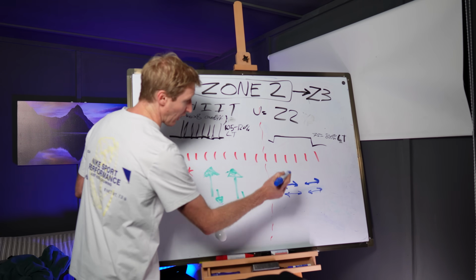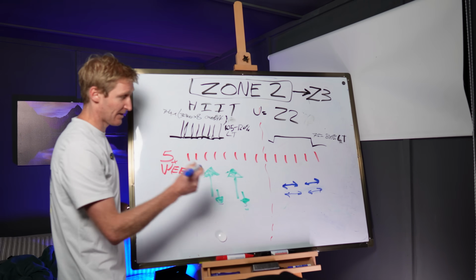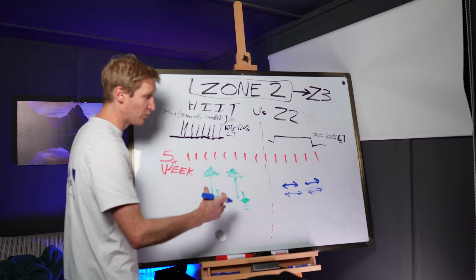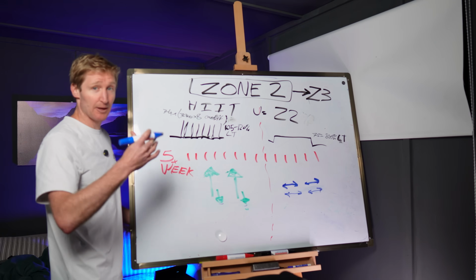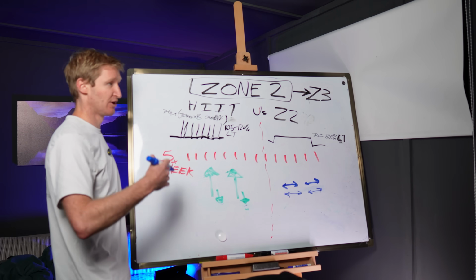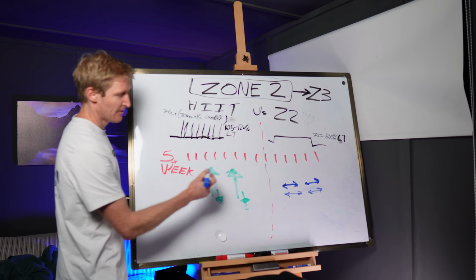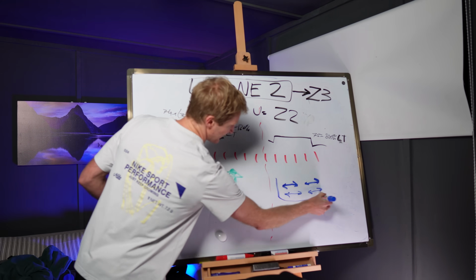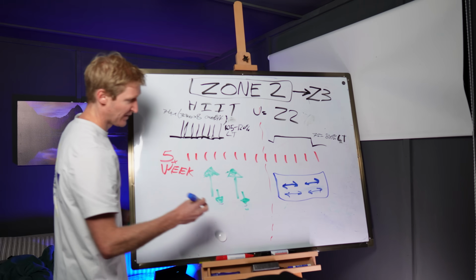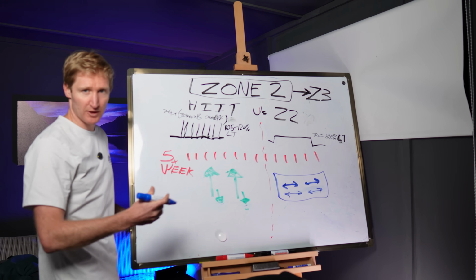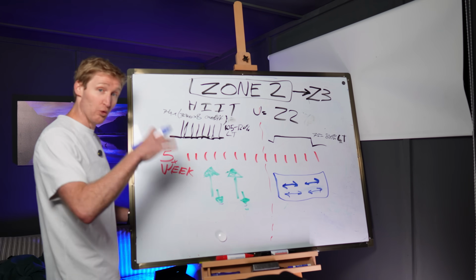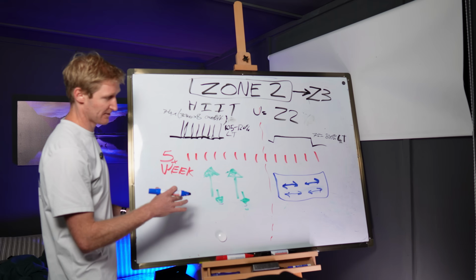Depends on how that equation is working. But it is a lot more predictable, and why a base phase is so important in building a runner up to the point where they can train hard and get the most out of themselves, because when you're able to do this, you set the foundation. So whether you're doing polarized or pyramidal, whatever it is, it all requires a huge aerobic base.